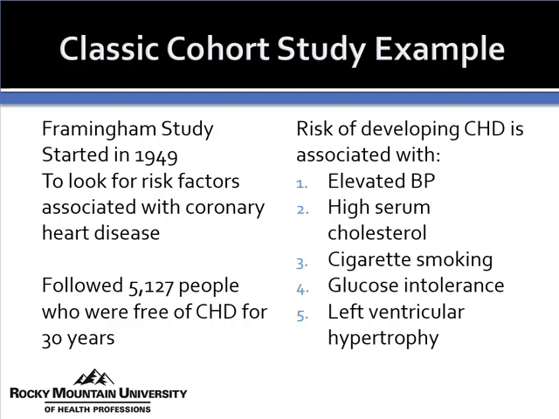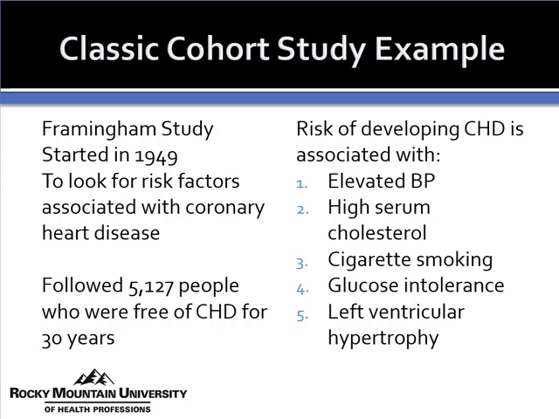Now, a classic cohort study example is the Framingham study. This was started in 1949, and the goal was to look for risk factors associated with coronary heart disease. They followed 5,127 people who at baseline were free of coronary heart disease, and they followed them for 30 years. And actually, they've been following people for many years.